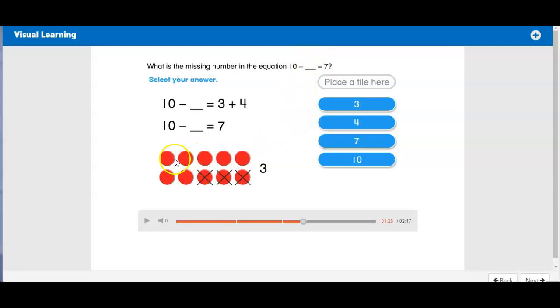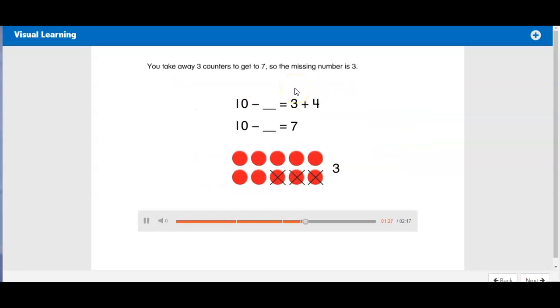When we had 10 counters, we crossed out 3 and had 7 left. By crossing out 3, we are subtracting 3. You take away 3 counters to get to 7, so the missing number is 3. 10 minus 3 is equal to 7.